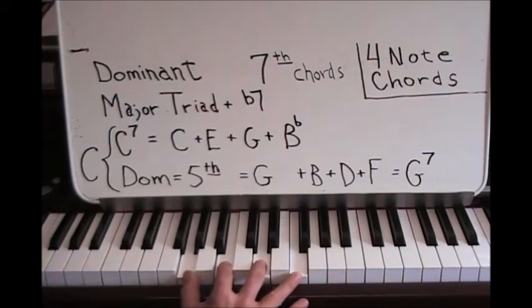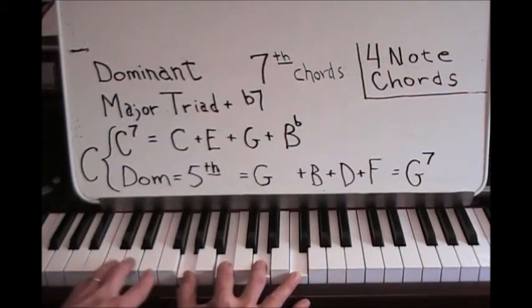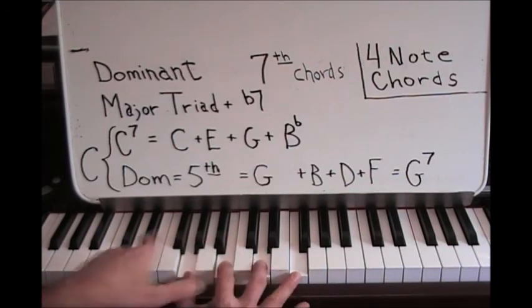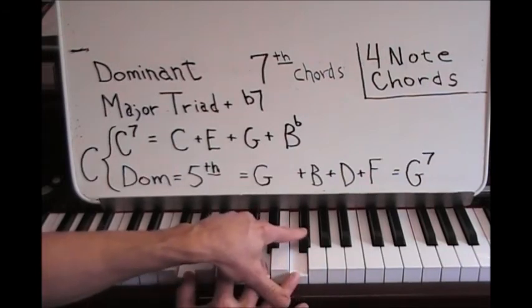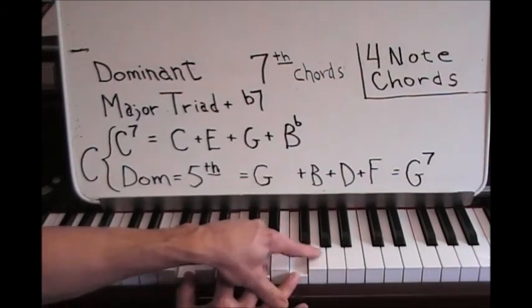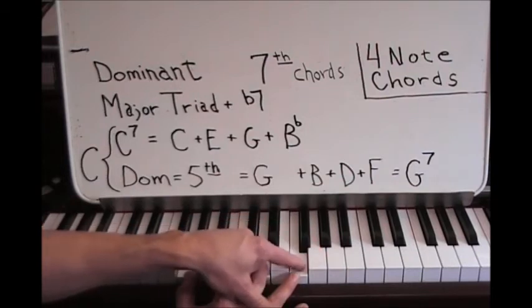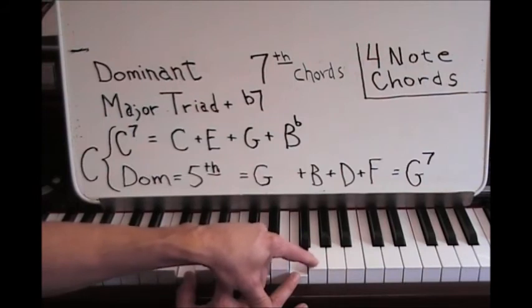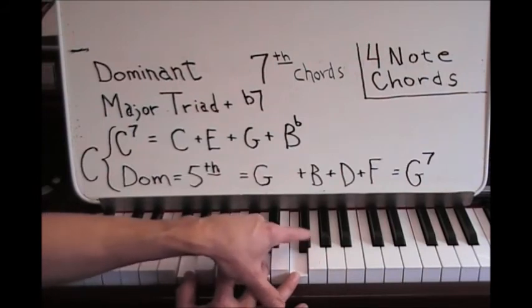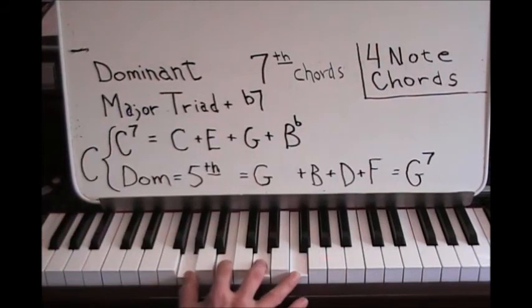And when you look at that relationship, you realize that the dominant seventh built in this way does not utilize the interval of a half step between the seventh and the octave, but rather it uses a full step, a whole step, 2 half steps.